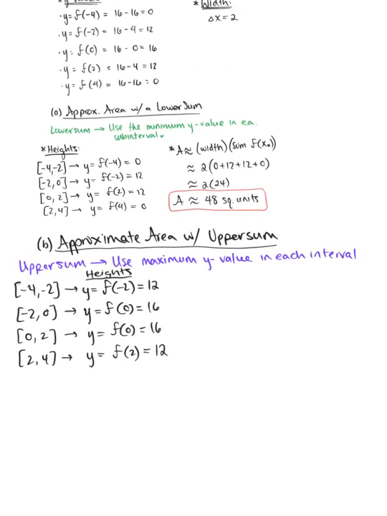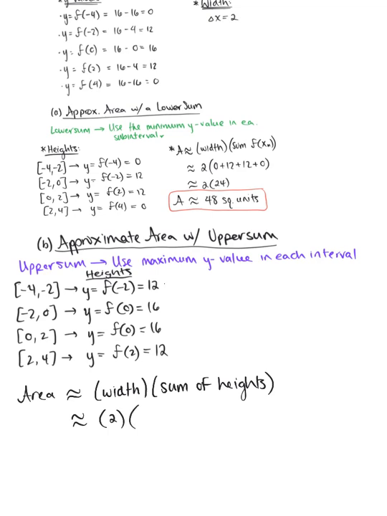Okay, so we can approximate the area. So again, we know that the area will be approximately equal to the width multiplied by the sum of the heights. So this is approximately equal to the width we know is 2. And now we're going to take the sum of each one of these heights we just determined. So we have 12 plus 16 plus 16 plus 12.